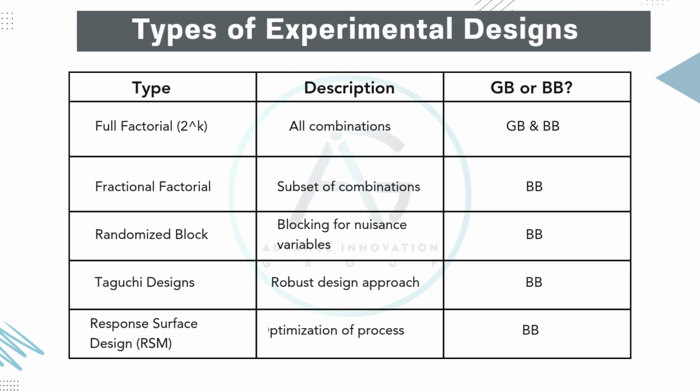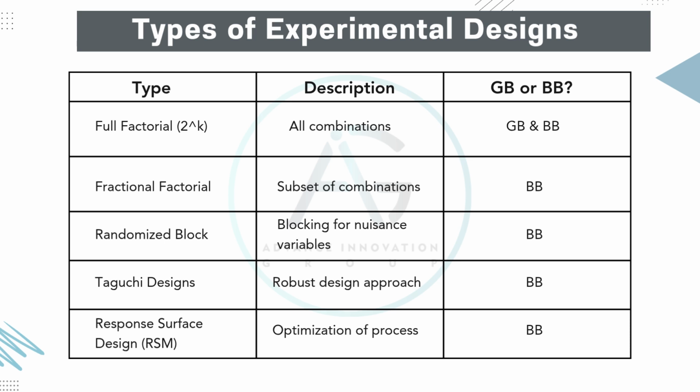This slide outlines the different types of experimental designs commonly used in design of experiments, DOE, along with their purpose and who typically uses them: green belts, GB, or black belts, BB. Full factorial design, 2 to the power of k. This is the most comprehensive design, where we test all possible combinations of factors and levels.